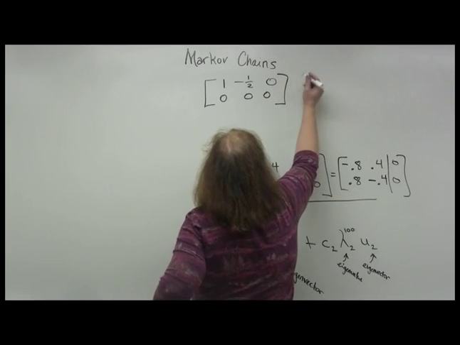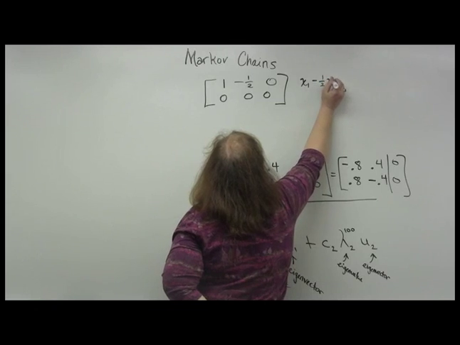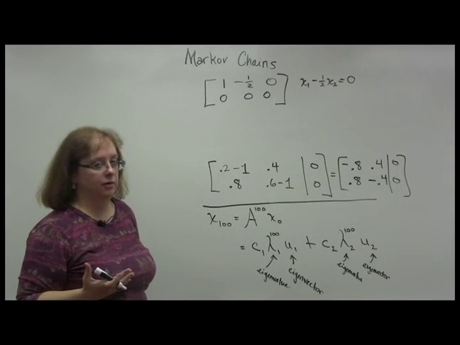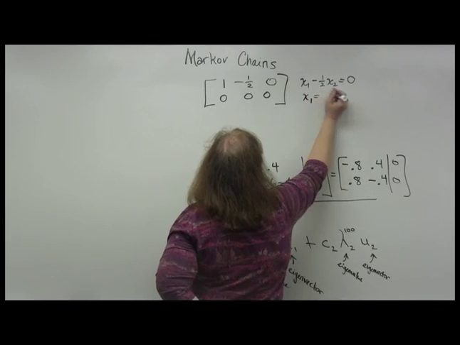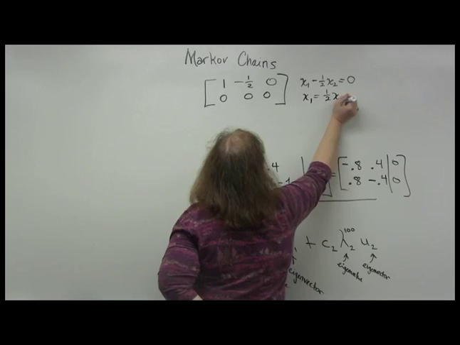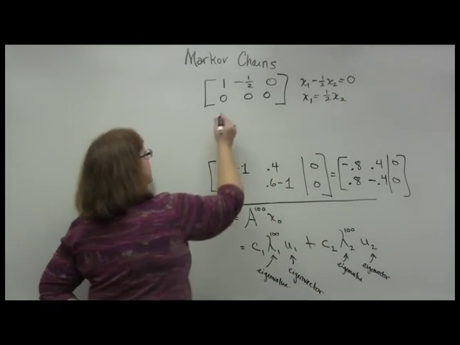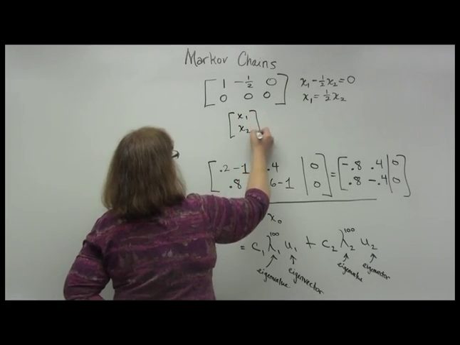This just gives me an equation now. It tells me that x sub 1 minus 1/2 x sub 2 equals 0. That tells me the relationship in the vector. X sub 1 is half of x sub 2. Now I could pick anything I wanted to. I'm just going to write up that x sub 1, x sub 2 is our vector.